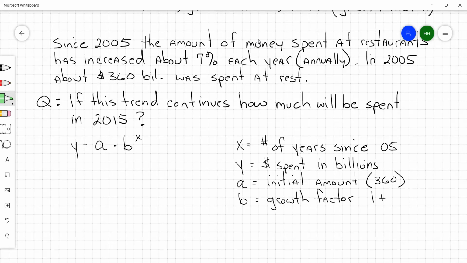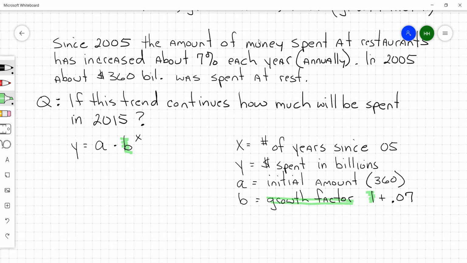When you're dealing with a growth factor, your b is always 1 plus your rate, expressed as a decimal. This 7% expressed as a decimal is 0.07. All right, that's your growth factor: 1 plus your percentage rate as a decimal.